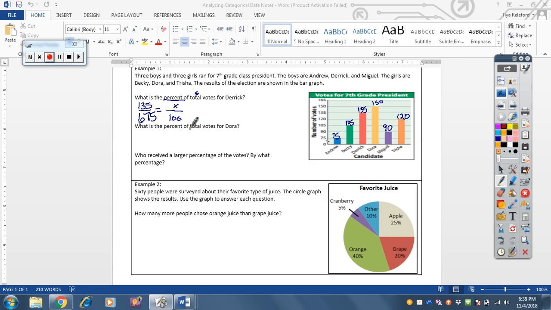The next one says, what is the percent of total votes for Dora? So did my total votes change? It didn't. It didn't change at all. But Dora had 150.